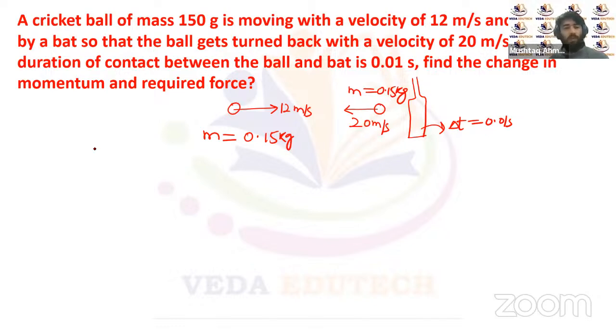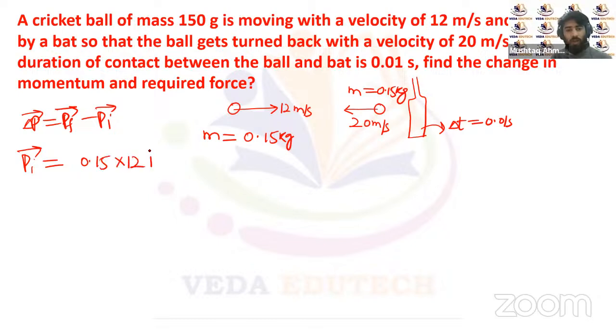So the change in momentum is equal to final momentum minus initial momentum. The initial momentum p initial: the body is moving along the positive x direction, so we can write its momentum as 0.15 multiplied by 12 along i cap.